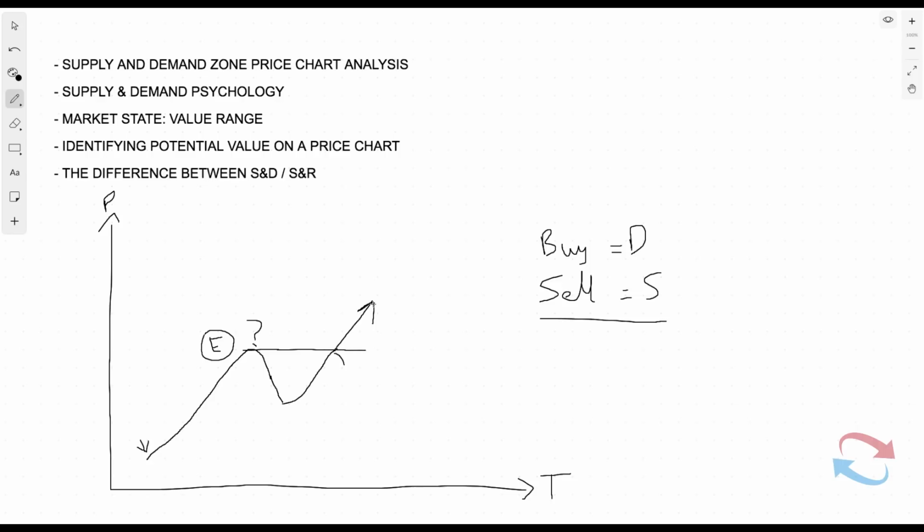But if prices break through that level, then this area no longer becomes an area considered expensive, because basically buyers have seen the price, right? They've seen the price at £10 and they've said, you know what? I think this is still undervalued. And so they've again pushed prices higher, right?